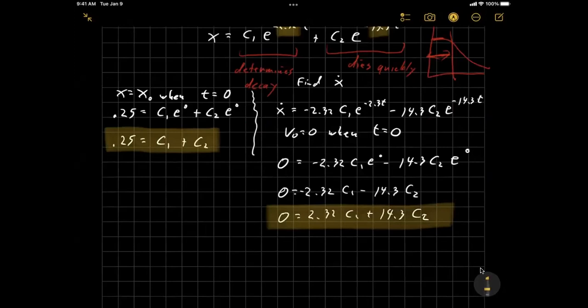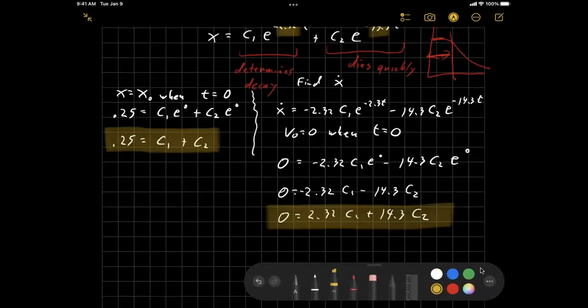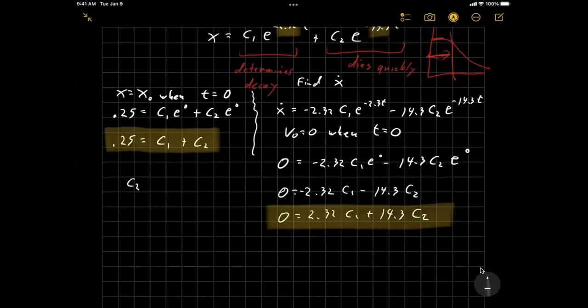So that equation and this equation can be solved for C1 and C2. When you do substitution, you usually take the simpler equation and substitute it into the more complicated one. I tend to like to get rid of C2. I can say that C2 is equal to 0.25 minus C1. Sub that over. So 0 is equal to 2.32 C1 plus 14.3 times 0.25 minus C1.